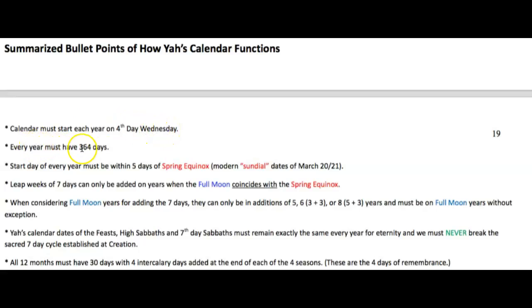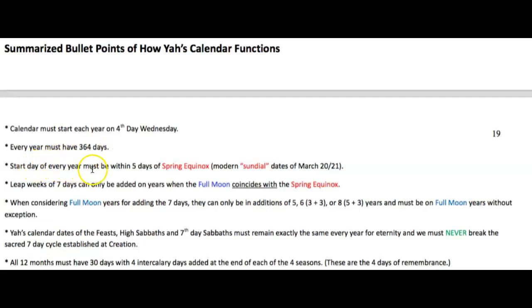Every year must have 364 days, in order to keep Shabbat on Saturday, because with this calendar the Sabbath is always on the seventh day, from Friday evening to Saturday evening. The Sabbath will not switch every month or every year, but it will stay the same every single year.